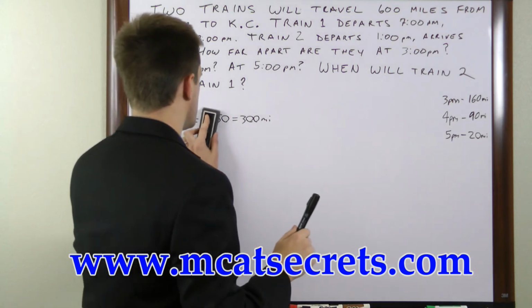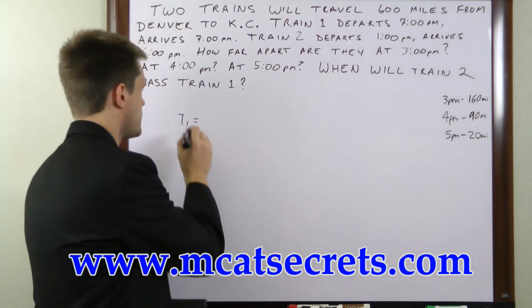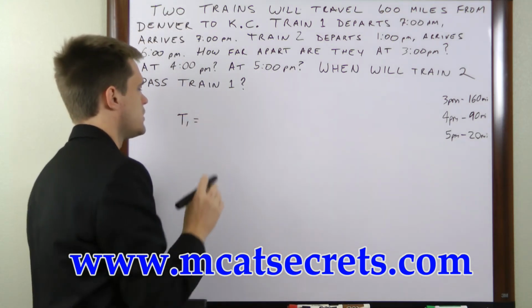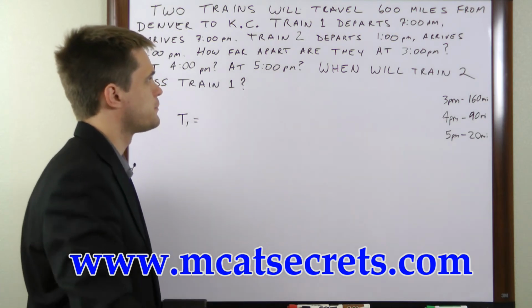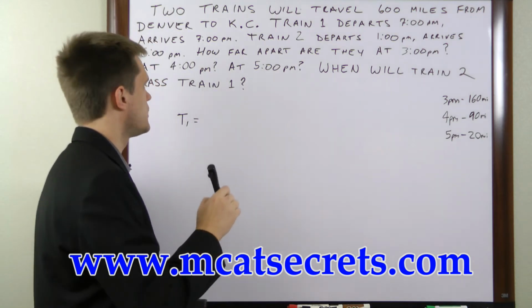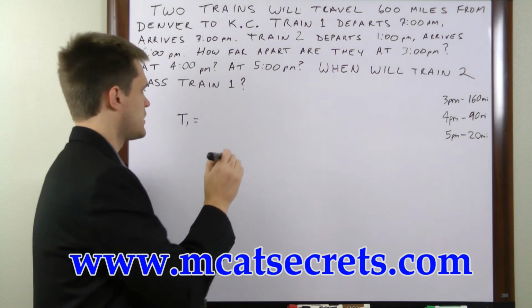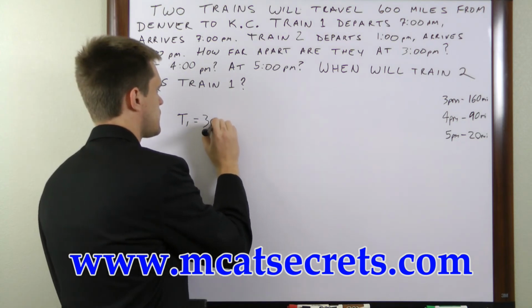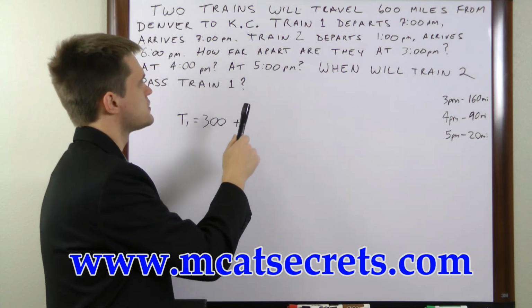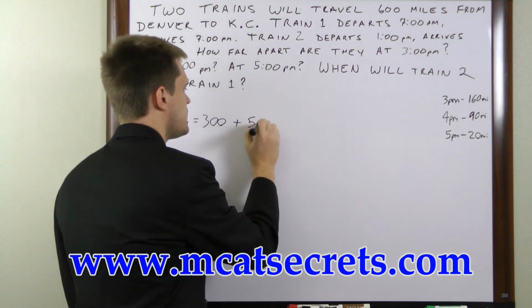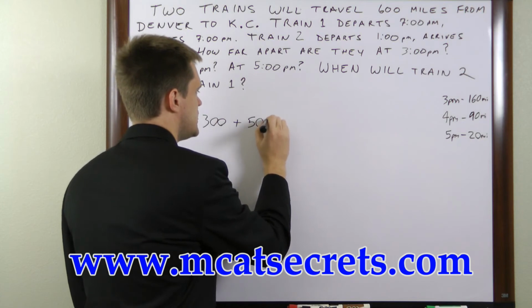So to write our equation for the position of train 1, we're going to start our time t at 1 p.m. So at 1 p.m., train 1's position can be described as 300, because it starts out at 300, plus 50 miles an hour times t.